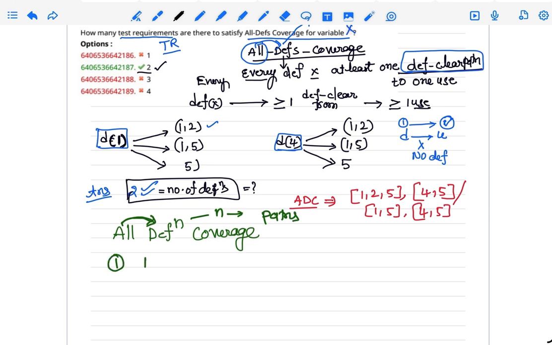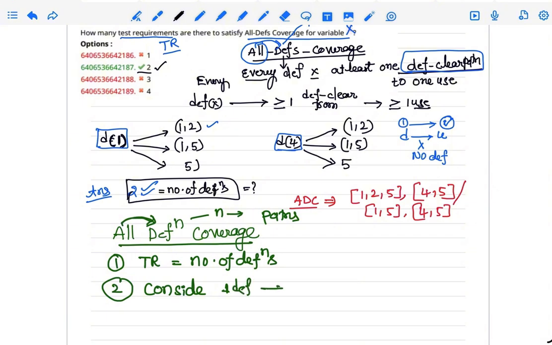So you can remember that the test requirements for all defs coverage equal the number of definitions. If there are n definitions, the test requirements are n. In this question n equals 2. One definition, one use, that is one path, since it is at least one use.